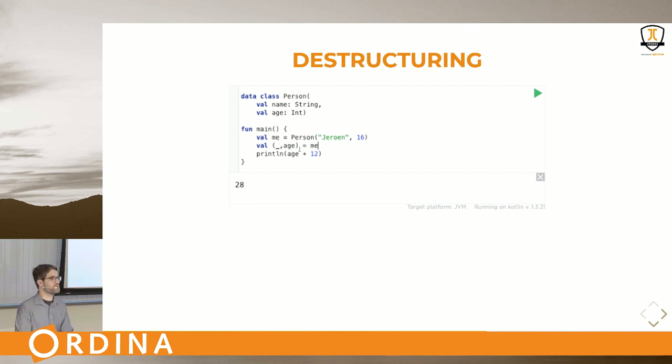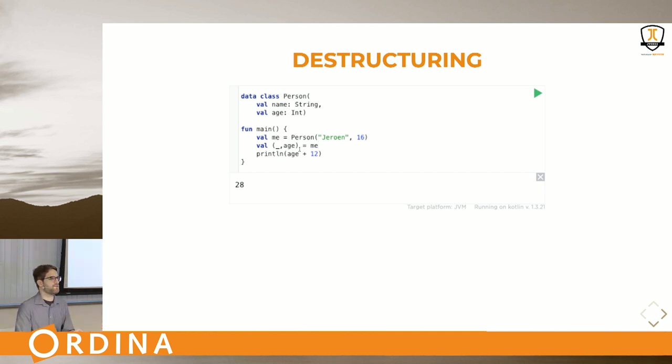So this is a very nice feature, but you might think, yeah, but what's the big deal? Why not just use your object and do .name or .age? Well, sometimes you have a function that you want to return multiple things, but then you end up using some kind of pair, or you define an object with multiple fields that you can return. This is where it's really handy.